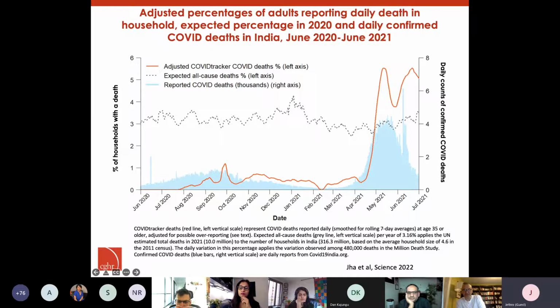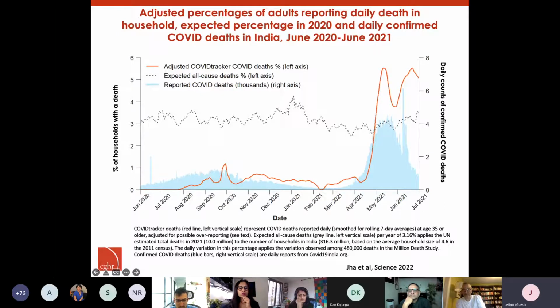And the key thing to see here is that you see an excess, again, in September, October, of about 1%, but still that's well short of the overall mortality that is expected, as about 3% of houses should report a death in that particular time period. And then this came down quite notably to close to 0 in February 2021.